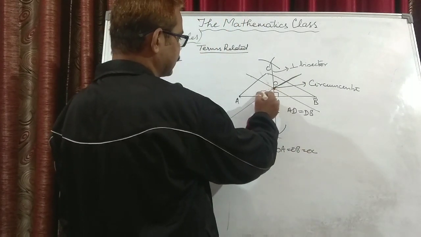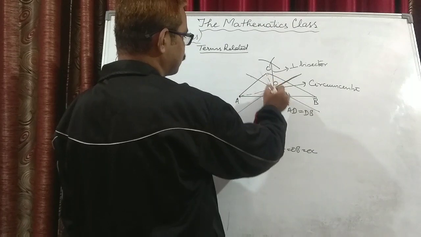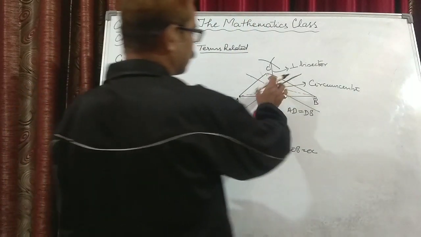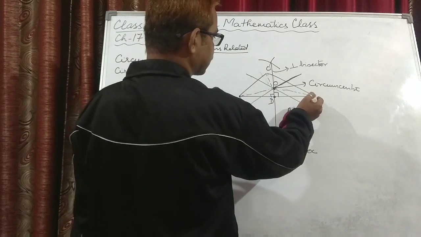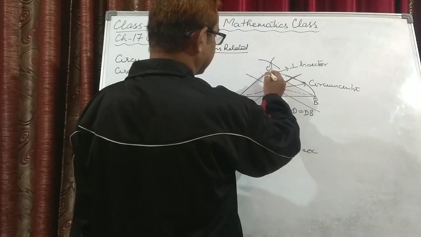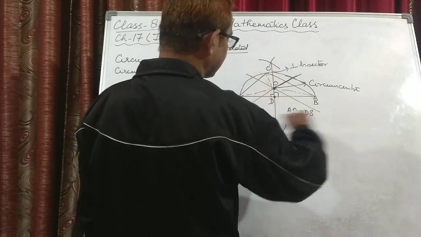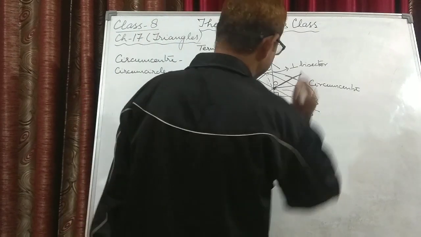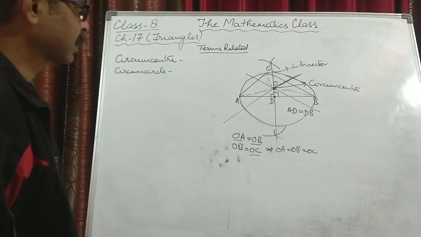Meaning from the center, point A, point C and point B are at equal distance. So from the center, if you take OA or OB or OC as radius, you will get a circle. Though in my case it is not a proper circle, but you will get a circle.